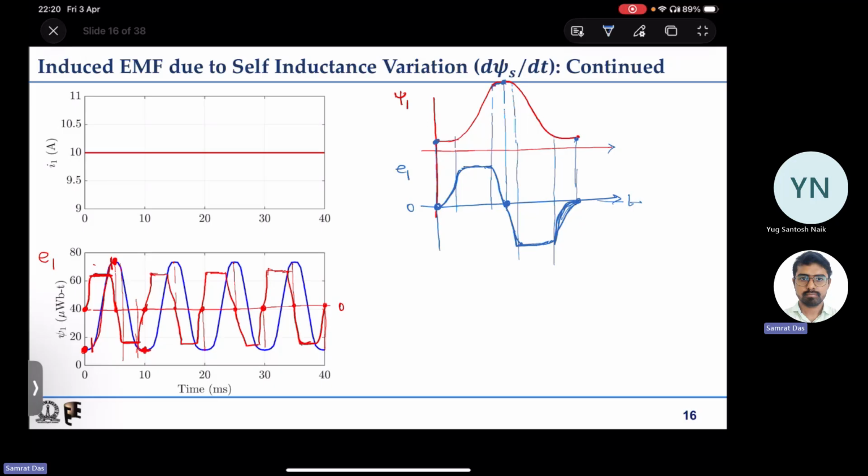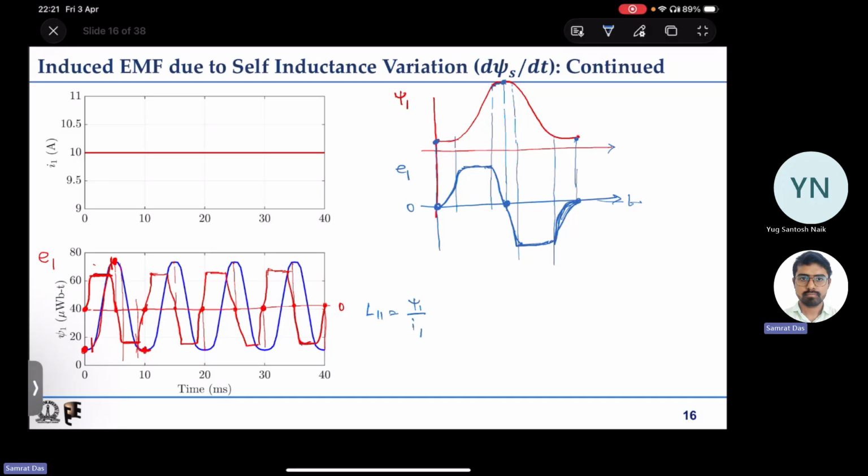Now you can see, if we want to represent this induced EMF in a circuit, it is not possible to do that with only inductance. Obviously there is going to be some inductance of the coil. So for this type of circuit, what is the inductance? L11 is nothing but psi 1 by I1.